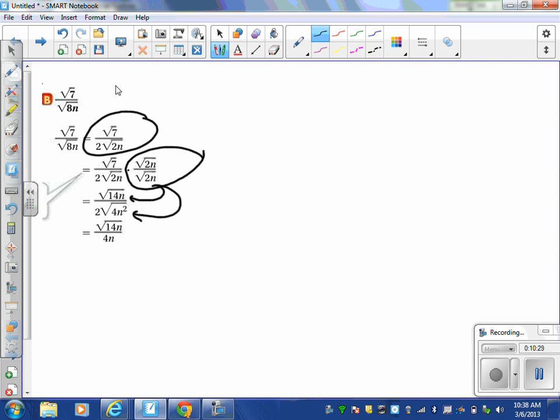So we'll be left with square root of 14n over 2 square root of 4n squared.